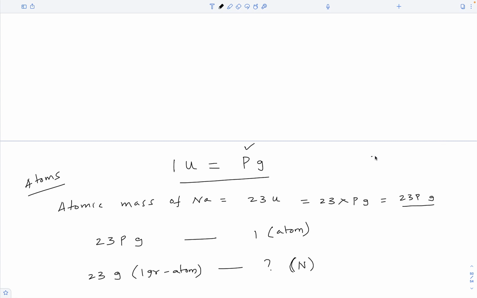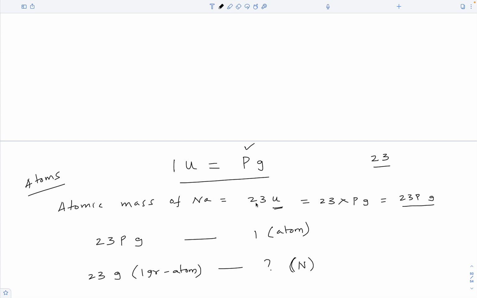We know the relative atomic mass or atomic weight of sodium is approximately 23. And if you want to get the mass of one sodium atom or atomic mass of sodium, you simply have to add the unit U to its relative atomic mass or atomic weight.